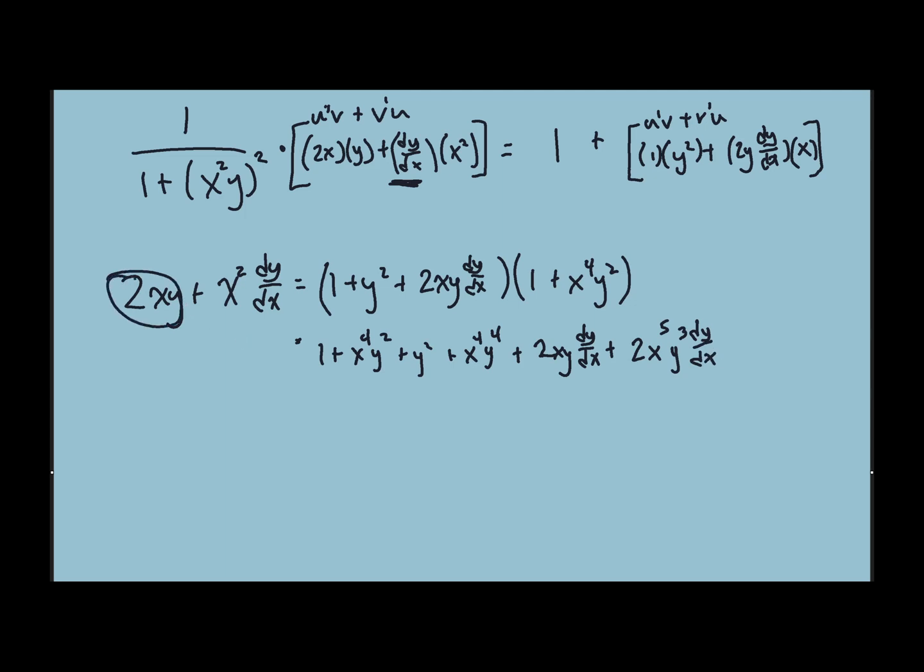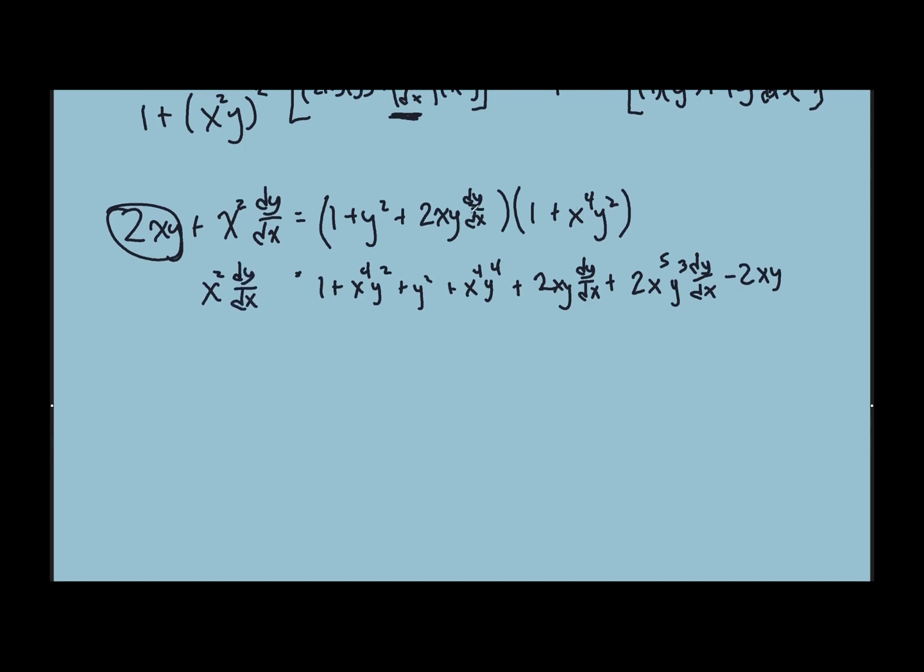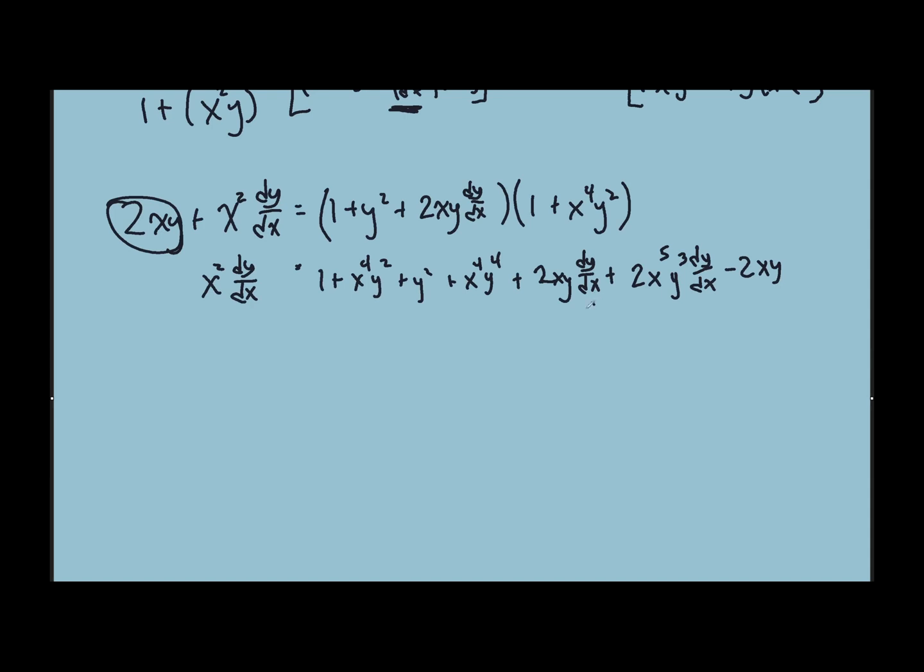And let's subtract this over, why not? Minus 2xy is equal to x squared dy dx. Did a lot on that step, but I think we're okay so far. Let's take these dy dx's and move them off to the left side.